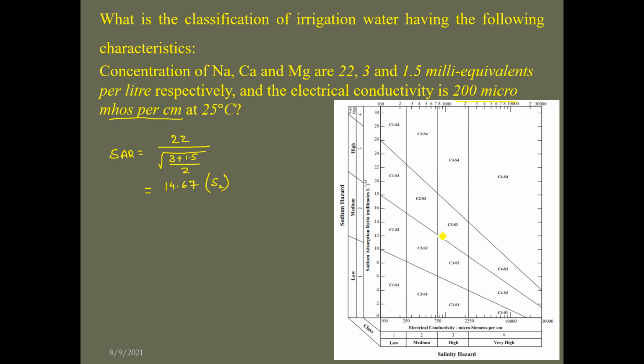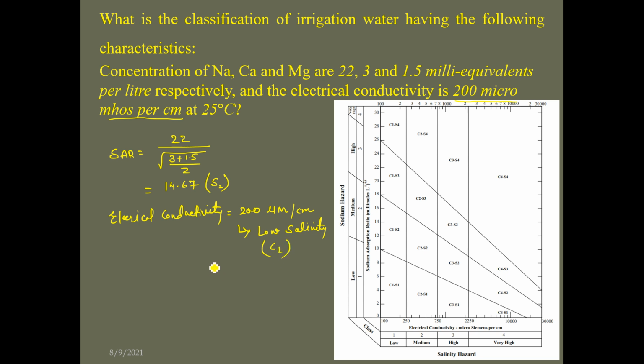Based on this electrical conductivity data, that is 200 micromoles per centimeter, we can say that water is having low salinity, so it comes under C1. So we can say this is low salinity hazard, and the symbol is C1.